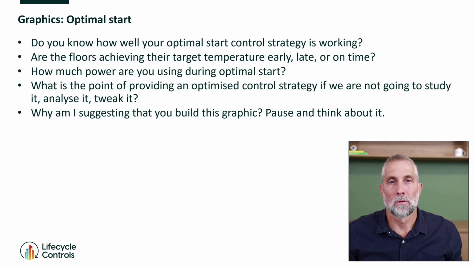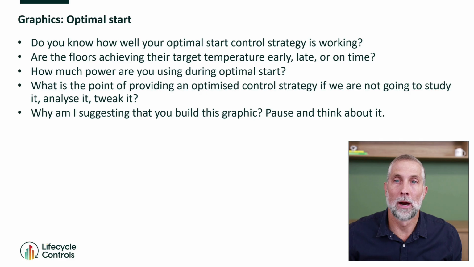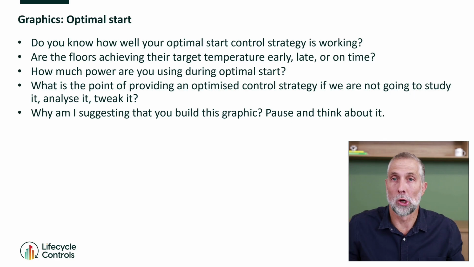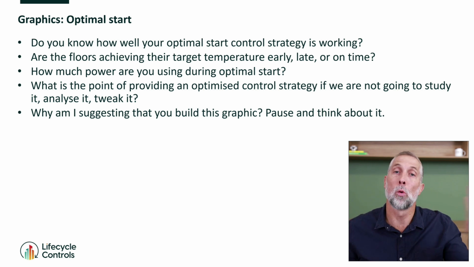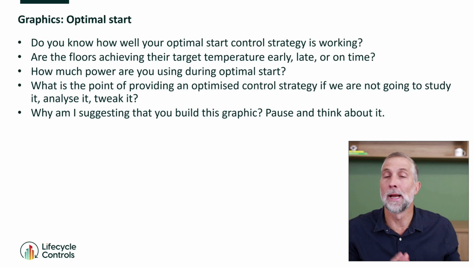So the first thing is, no, I don't think that we know how well our optimal start control strategy works, which is kind of disappointing because we spend a lot of time writing the software code for it and then downloading it and testing that it functionally works. We test that it functionally works, the time schedule, the optimal start, the outside air temperature, and that it then requests the AHUs to start an hour early and the boilers and chillers, whatever it is.